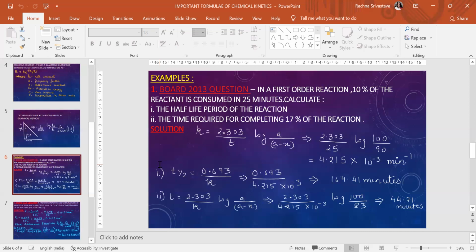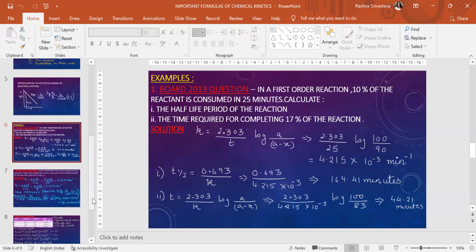So again, you will write the formula: T is equal to 2.303 divided by K log A upon A minus X. K will remain the same, as I have already discussed. So your time will be 44.21 minutes. I hope this gives you an idea how to use the formula for application purposes.